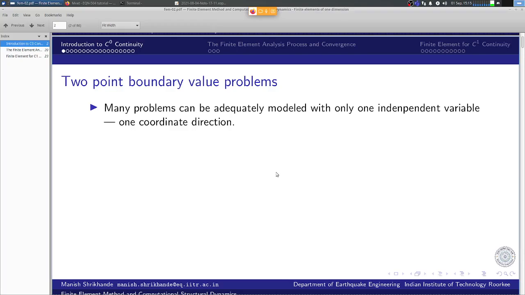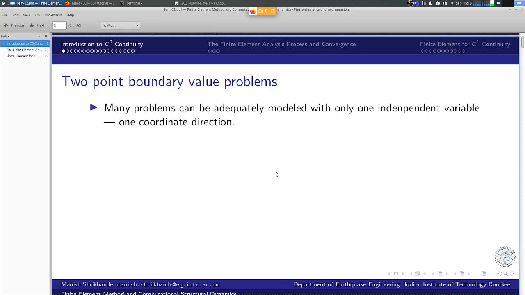So essentially, we look at one-dimensional domain. The domain is of course defined by one independent variable x, ranging from between some range. So domain is just one-dimensional, one coordinate, and the extent of the problem domain is defined by the endpoints.